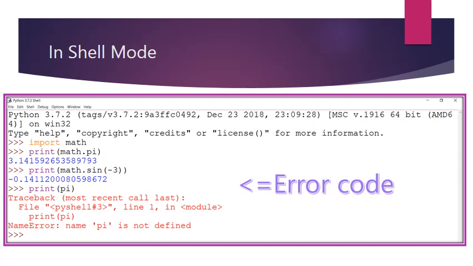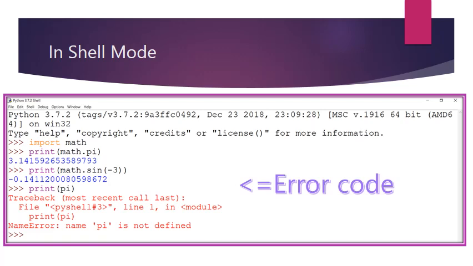After getting the output, your prompt will be waiting. There I have typed print within brackets math.sin(-3). Remember, I have closed two brackets. The first one is for the sin function, and the other is for the print function. I got an answer of -0.14. Then I get a prompt again.